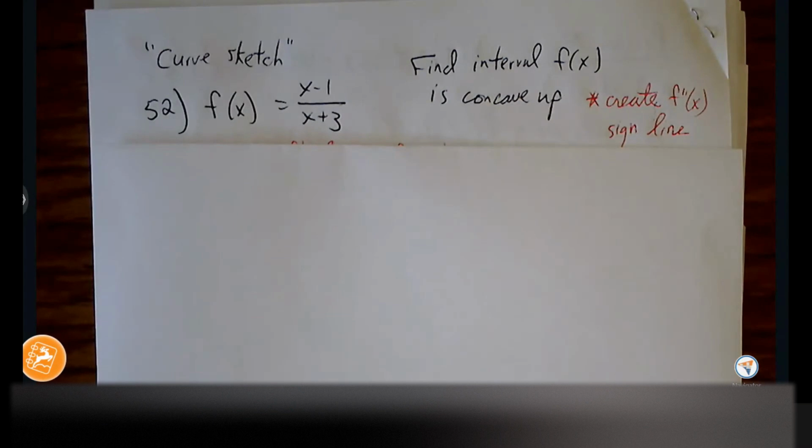Quotient rule, yeah. Go through quotient rule. So f prime g minus f g prime all over g squared. So spend a minute, see if you're able to find the derivative and get that cleaned up. Because once you find the derivative, we've got to get it ready for the next derivative, right? Because we're only halfway there.